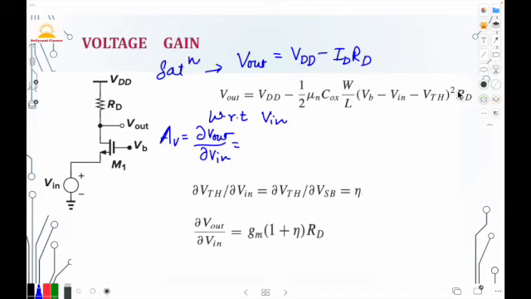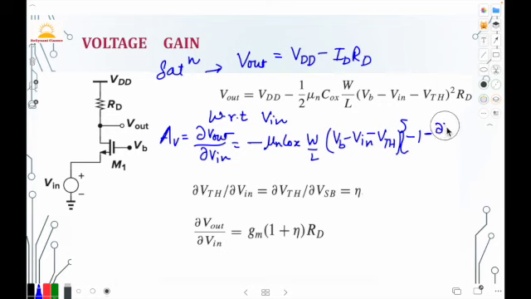Half and power 2 cancel out, so we have minus mu n CoX W by L times (VB minus V in minus VTH), multiplied by minus 1 minus del VTH upon del V in, times RD. After differentiating with respect to V in, we get this equation, and this is our equation 3.